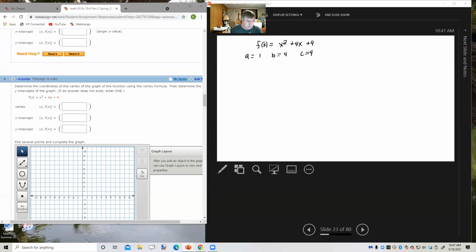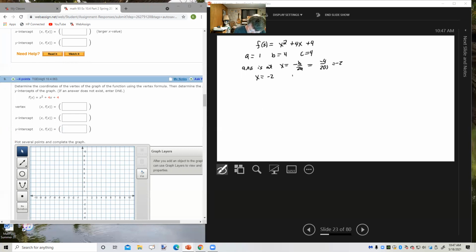To find the vertex, we need to find what? The axis of symmetry is at x equals negative b over 2a, which is negative 4 over 2 times 1, which is negative 2. So at x equals negative 2. Now, they don't specifically ask for it in this problem, but the x value here is also the x value of the vertex.